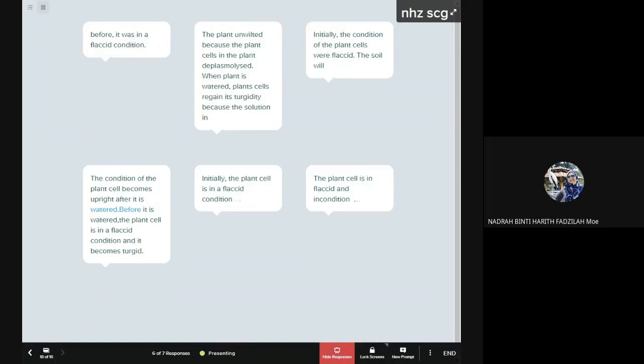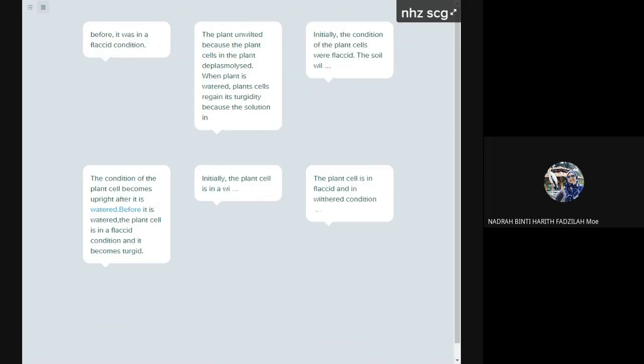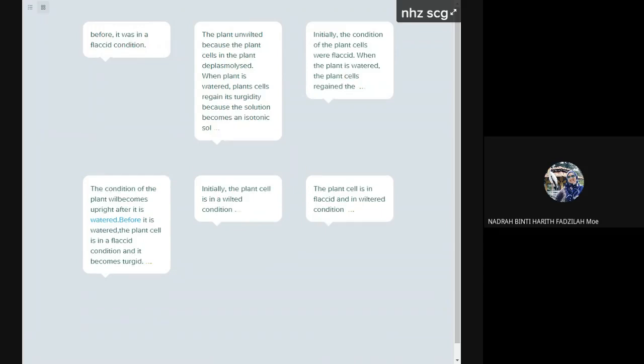Okay, saya tulis dekat Google Meet. Plant wilted. Plant cell flaccid. Plant nampak fresh atau upright.